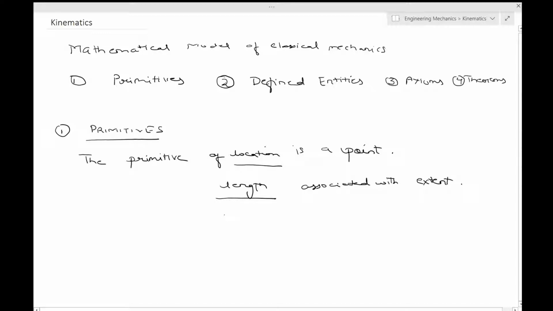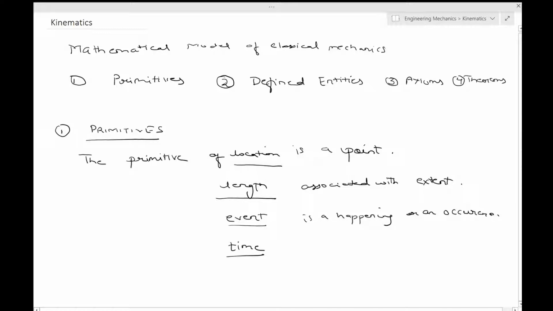Then you have an event. So this is happening, maybe an apple falling over your head, that's an event, okay, or an occurrence. Then you have the primitive of time. Okay, what does time tell you?